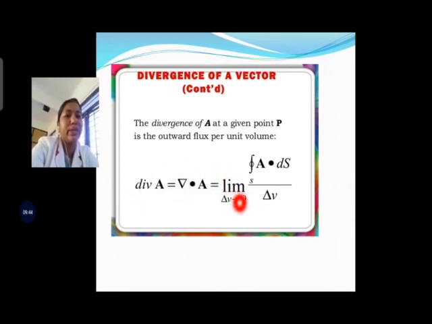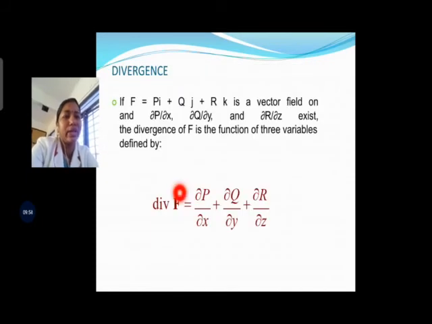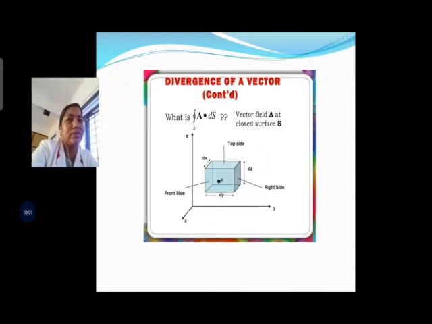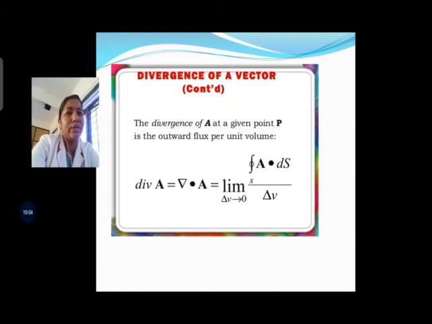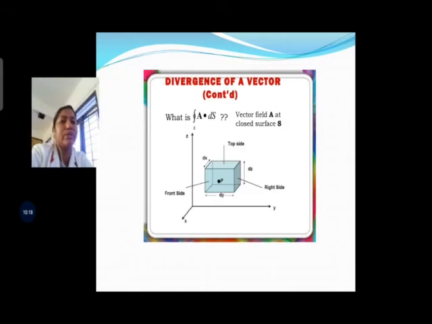So the limit as del V tends to 0 of the integral of A dot ds divided by del V. This is the divergence equation, so you have to write this equation for the divergence of F, or del dot A. Ds means surface area, so here we take the integral of A dot ds per unit volume, as del V tends to 0.